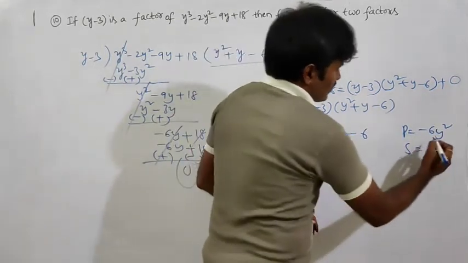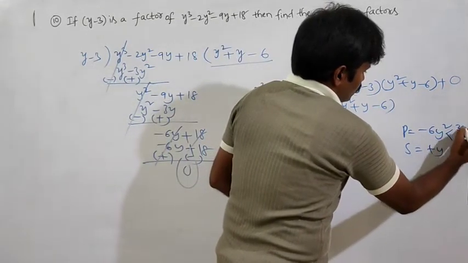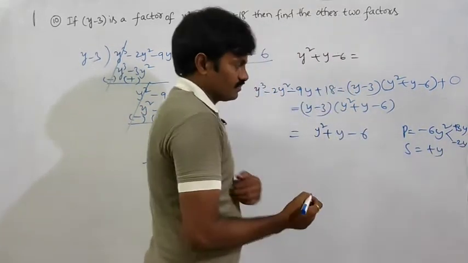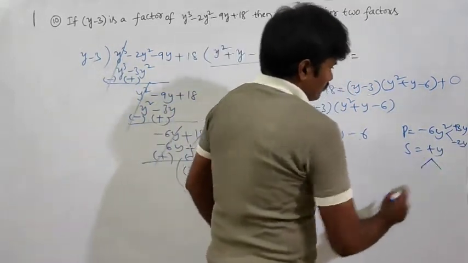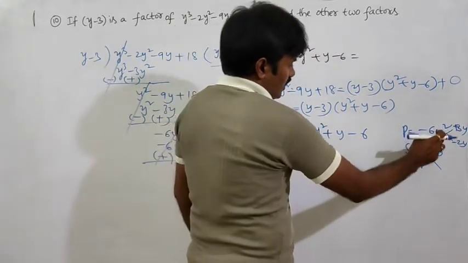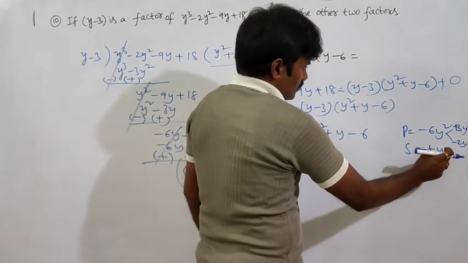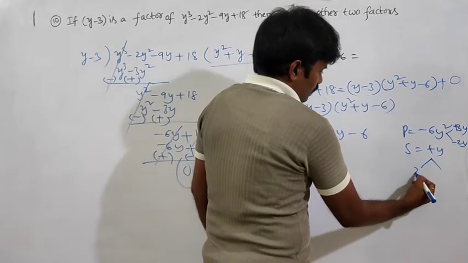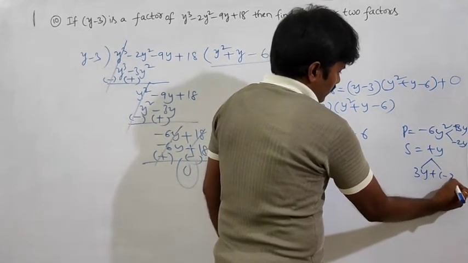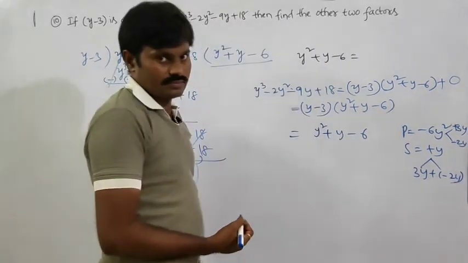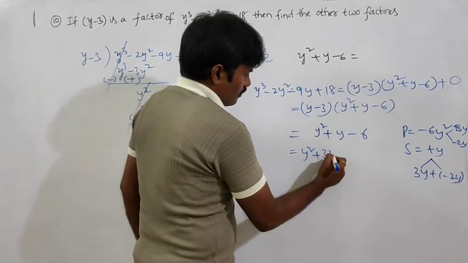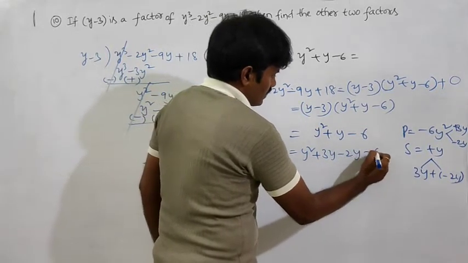Yes, plus 3y and minus 2y. Now, y square plus 3y minus 2y minus 6.